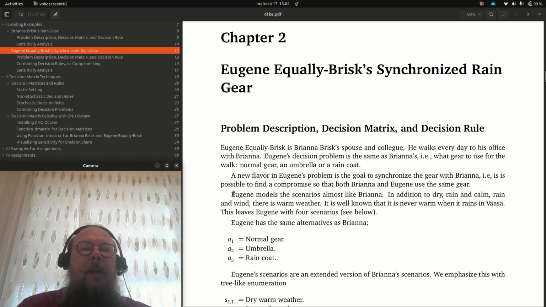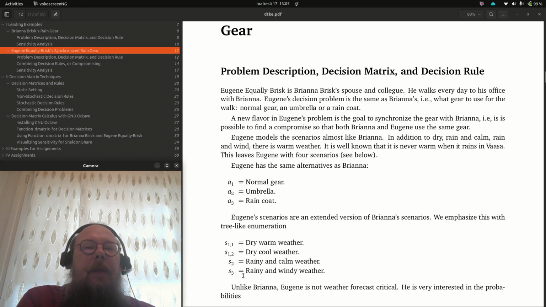And Eugene's scenarios are almost the same as Brianna's, but now in addition to dry, rain and calm, rain and wind, there is also warm weather. And okay, it's well known that it's never warm when it rains in Vaasa, so we have the following scenarios.